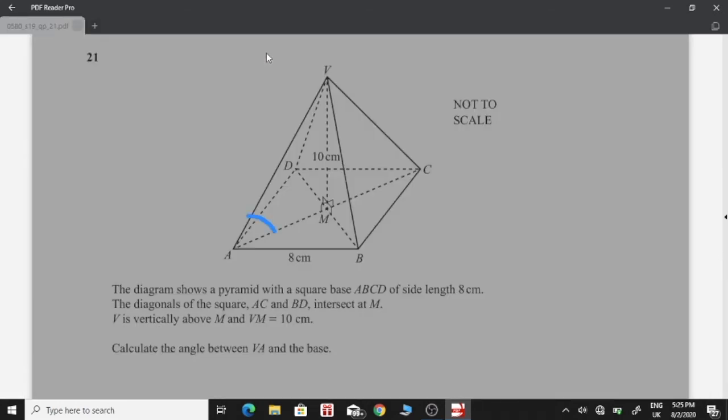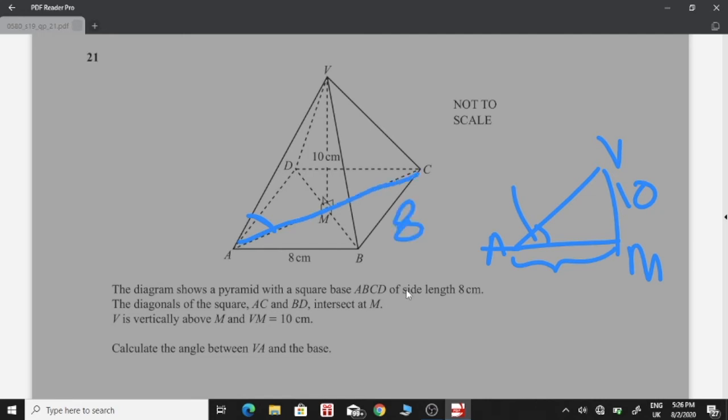So this is the angle between VA and the base, and we have the triangle as AMV. This being 10 centimeters, I need to figure out this angle, and I'm going to first calculate the value of this side AM. So in order for us to calculate AM, we need to know AC as well. This is a square based pyramid, so both of the sides are 8 and 8. Now I'm going to be using Pythagoras theorem to calculate AC.